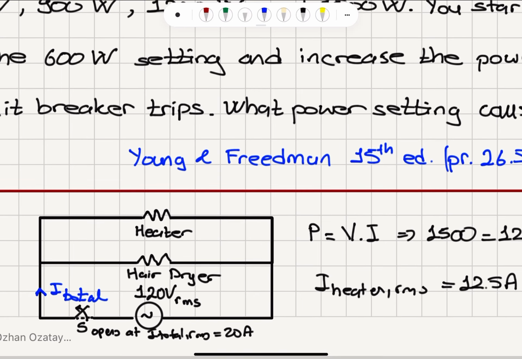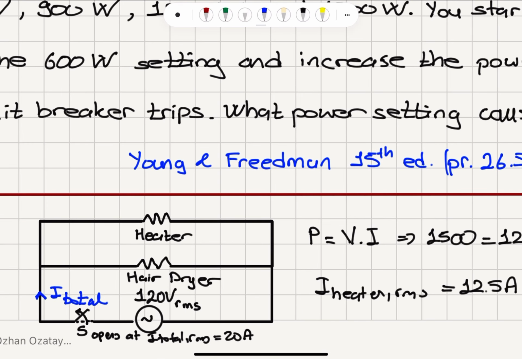So here, the hair dryer and the heater are connected in parallel to the same voltage source, and there is a circuit breaker in the circuit which is going to open at a maximum current of 20 amps. Because these two currents add up, the total current should not exceed 20 amps.